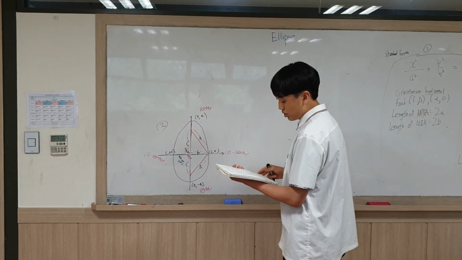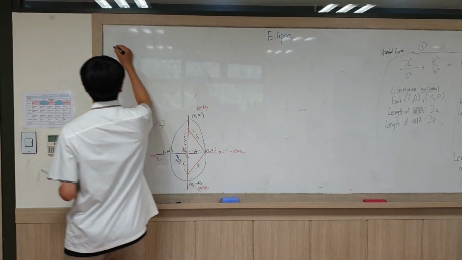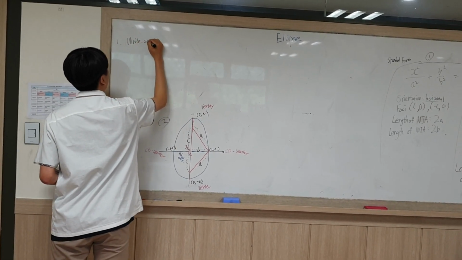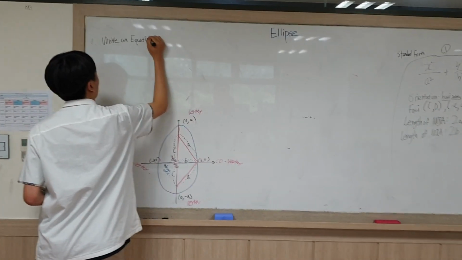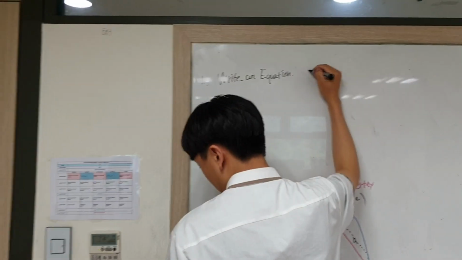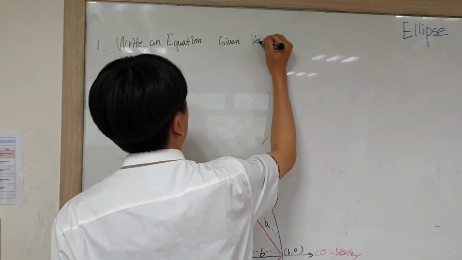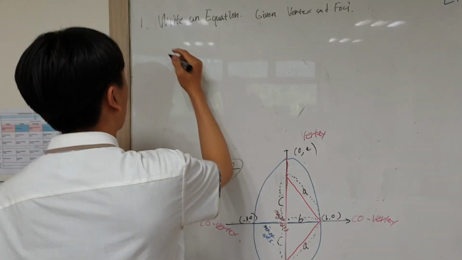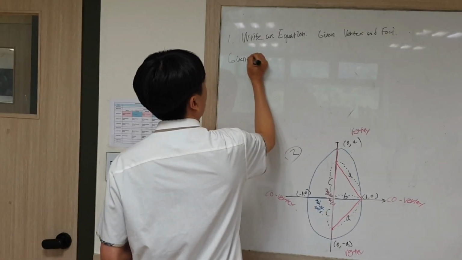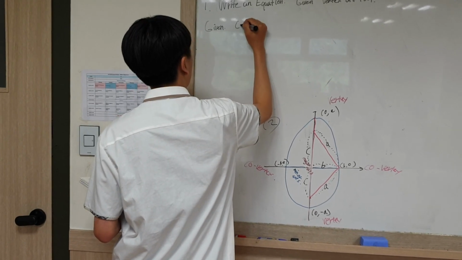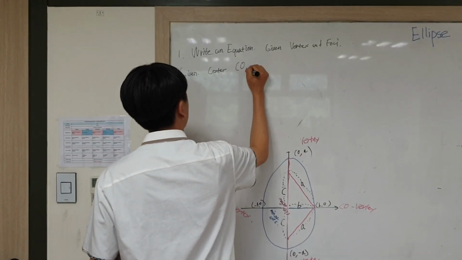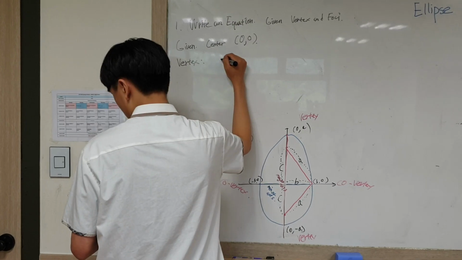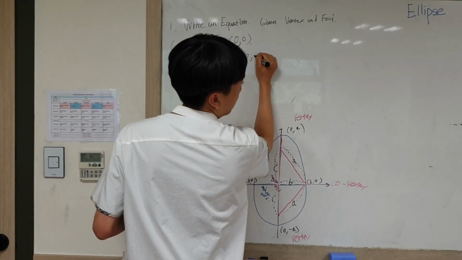So now for the problems. Number 1. Write an equation given vertex and... So now it's given that the center is 0, 0, and the vertices are 0, a and 0, minus a.